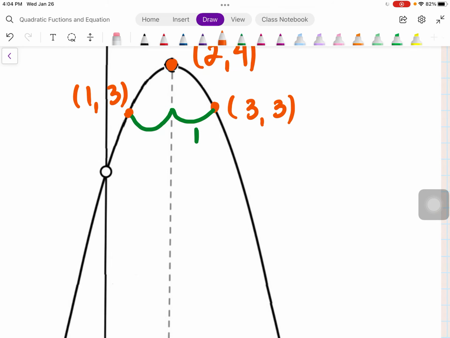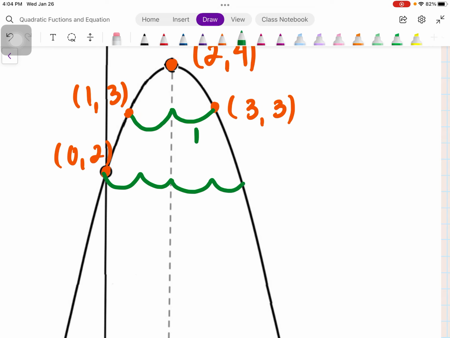Now let's say I have this point here, and let's say that point in this case is (0, 2). All right. It's not to scale, so just bear with me here. So that means in this case, guys, that the point (0, 2) is 2 spaces away from the vertex. Now, question for you here: what point is going to be on the right-hand side?